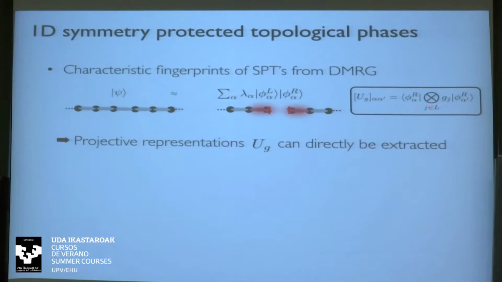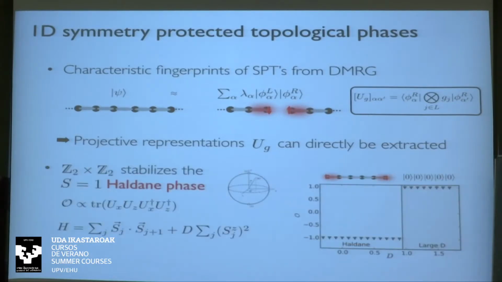We take the product of all those symmetry operations, act with them on the right Schmidt states, and form a representation of the symmetry group in terms of our right Schmidt states. This tells us exactly how these Schmidt states transform under a symmetry.